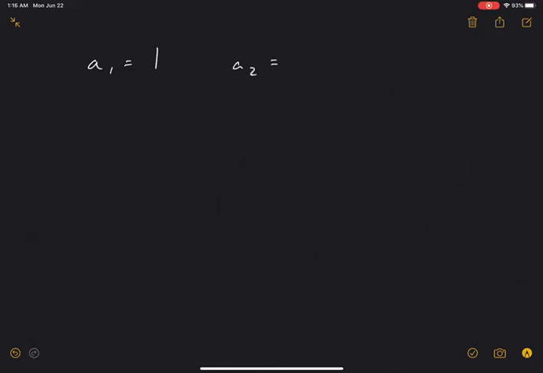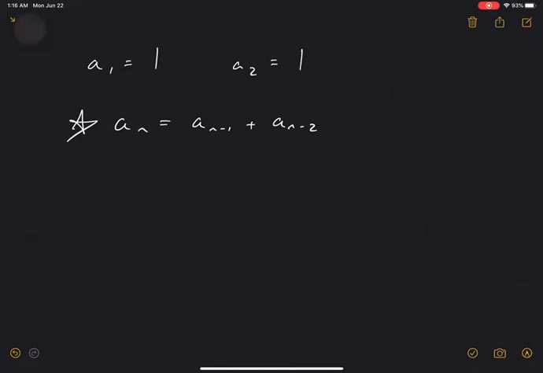And we'll say the second term of our sequence is also 1. And then from there on, my nth term is going to be the sum of my 2 previous terms. So an is going to be a n minus 1 plus a n minus 2. This is a recursive formula for my sequence.